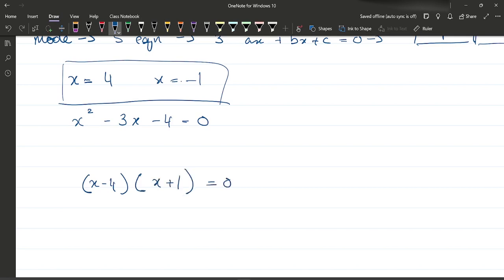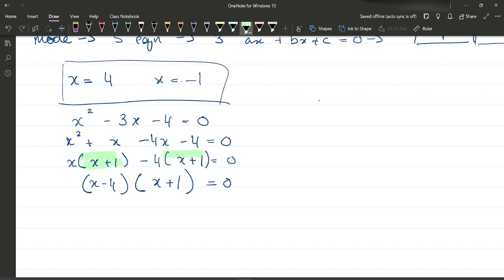And then just multiply it out. So this will give you x squared plus x minus 4x minus 4, still equal to 0. Then you can show them that you factorized by saying x plus 1 minus minus 4 and then x plus 1. Remember, when you're factorizing, these two must be the same.